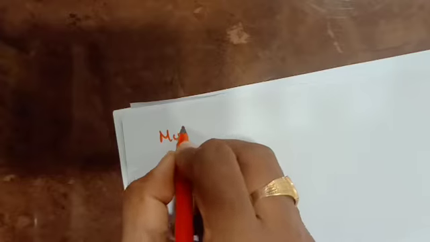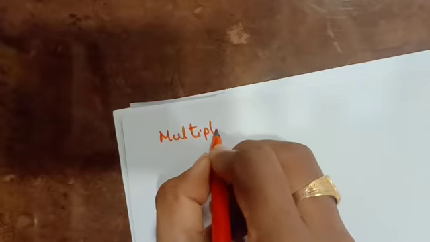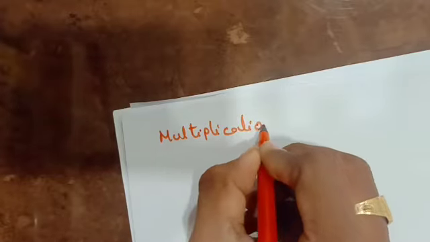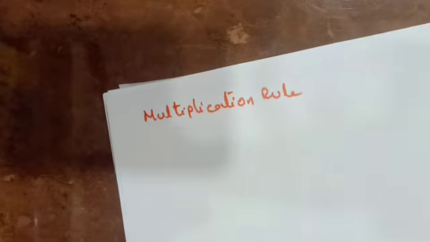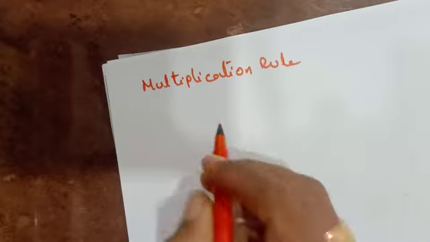Now we look at another important aspect, the multiplication rule, or multiplication theorem, in probability.